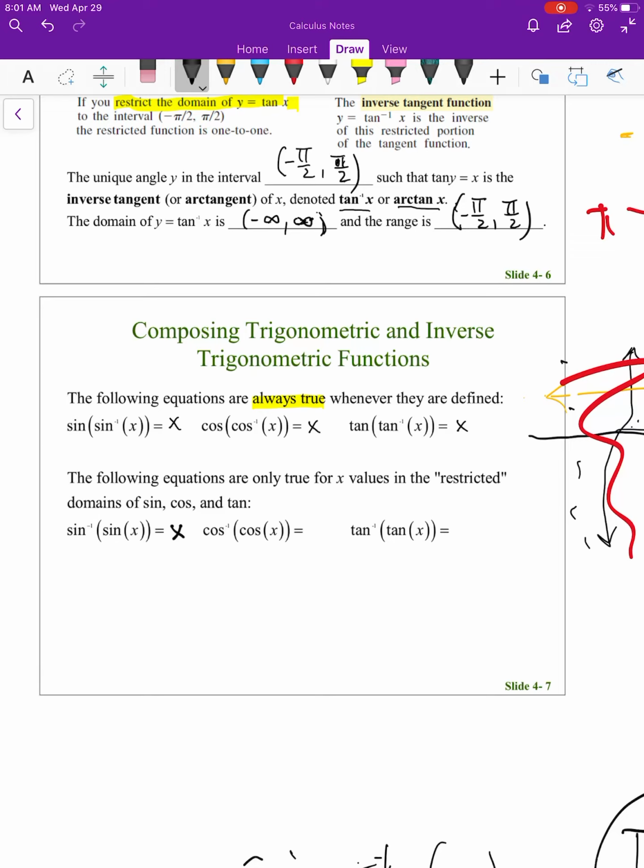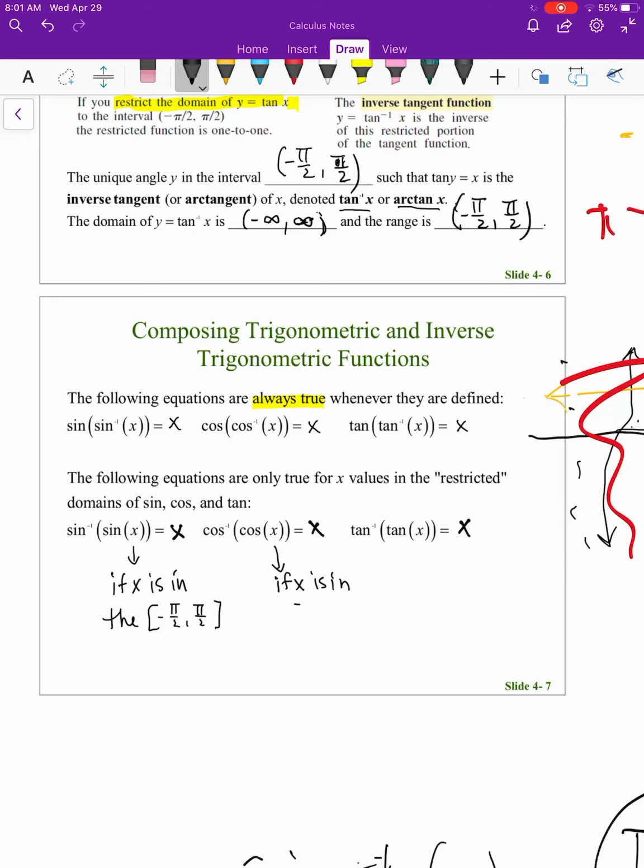The inverse sine of sine x is x. The inverse cosine of cosine x is x. The inverse tangent of tangent x is x. And like I said, only if x is in the negative pi over 2, positive pi over 2 region.